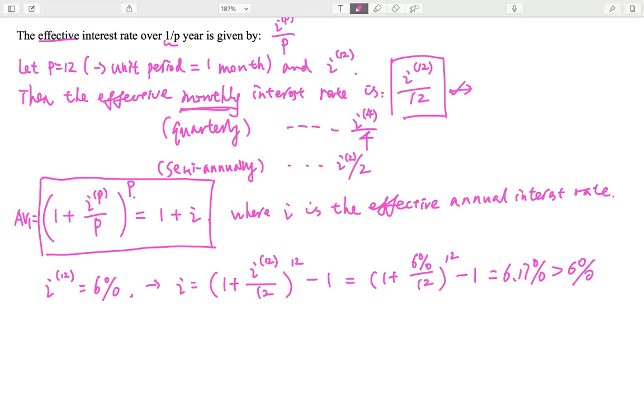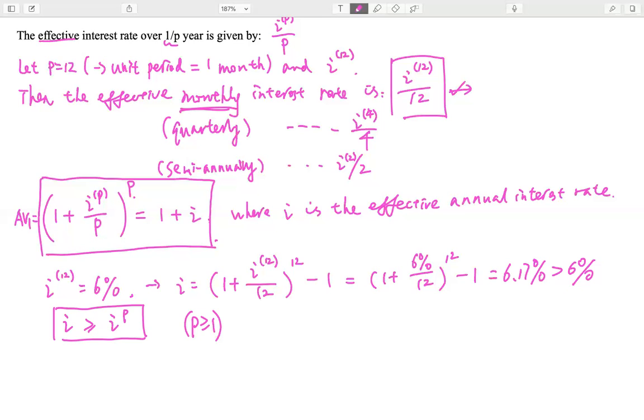As I already mentioned, your effective interest rate will always be bigger than, well, let's put equality, right? Because P is greater than or equal to 1, usually. Next, this result is between the effective interest rate and the pth nominal interest rate.